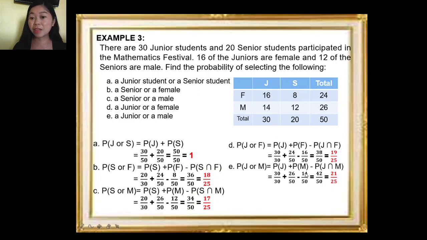So, the probability of the intersection is 14 over 50. Probability that it is junior is 30 over 50. Probability that it is male, there are 26 male over 50 students again. So, this is 56. And 56 minus 14 is equal to 42. And 42 over 50 is equal to 21 over 25. So, for letter E, the answer is 21 over 25.